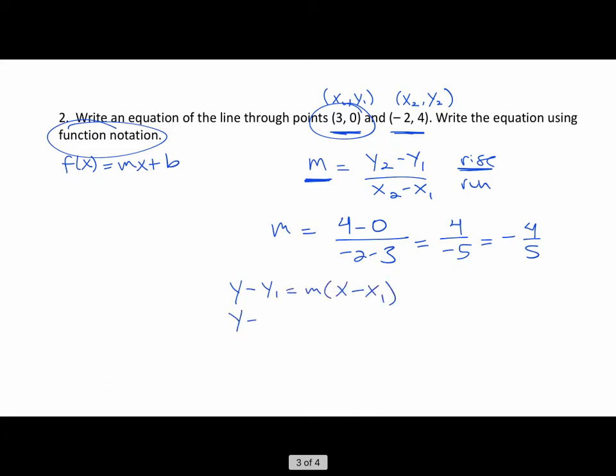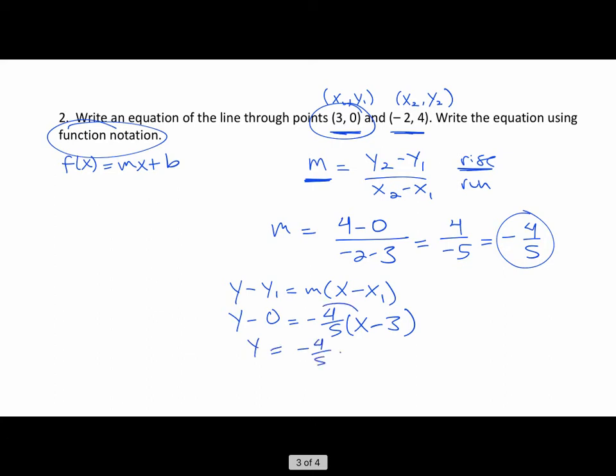And I'm just going to plug in the point, x1, y1, and the slope, -4/5. So y1 is 0, the slope is -4/5, and x1 is 3. So then I want to simplify what I have here. So y minus 0 is just y. Now I need to distribute this -4/5.